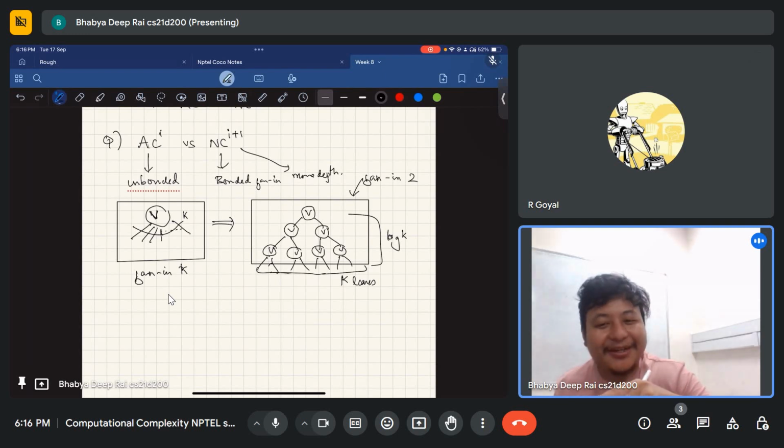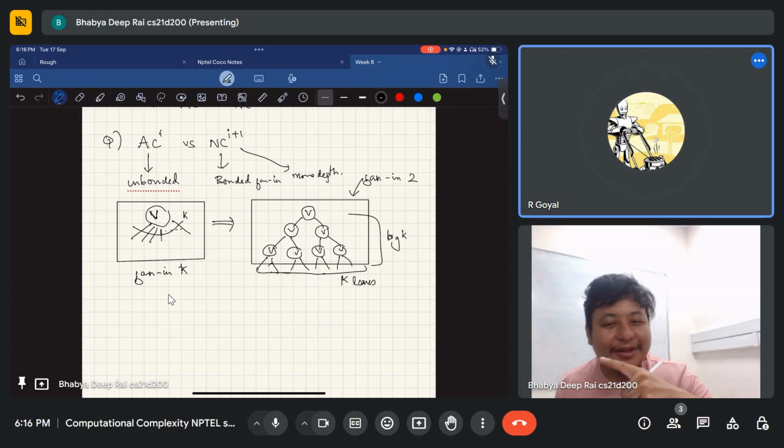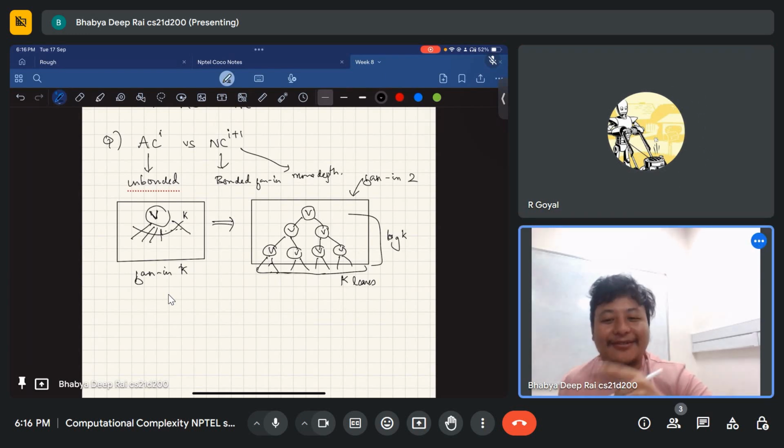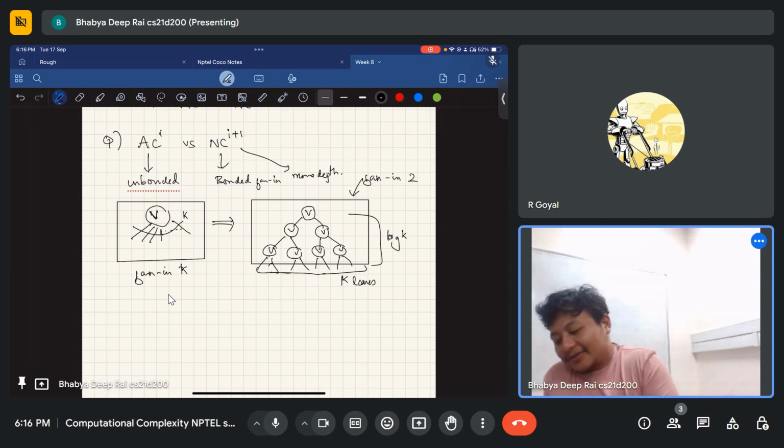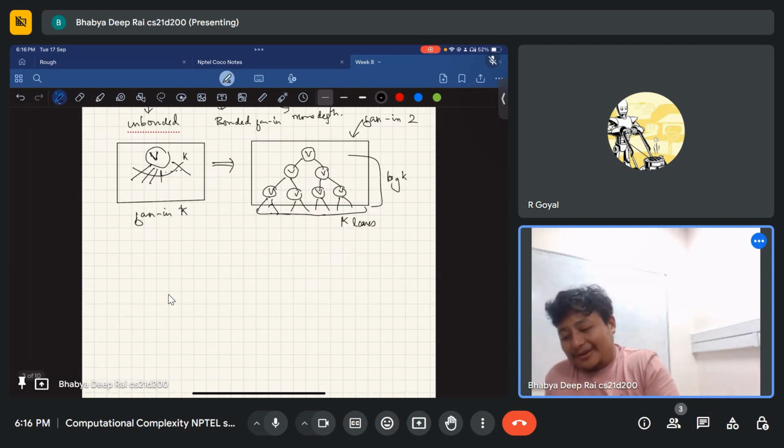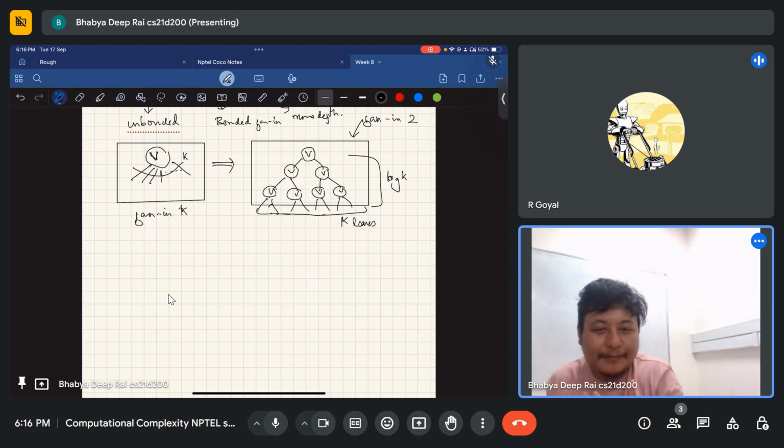But you are increasing the height of the tree, the height of the circuit. Now you may say the size of the circuit is also increasing. Yes, one is getting converted into k many.